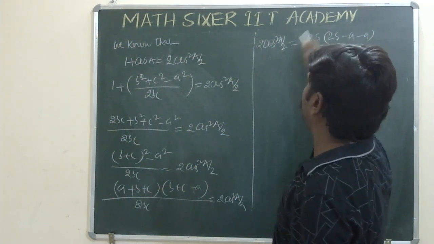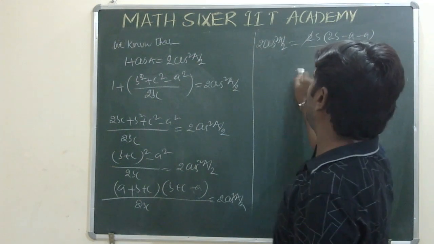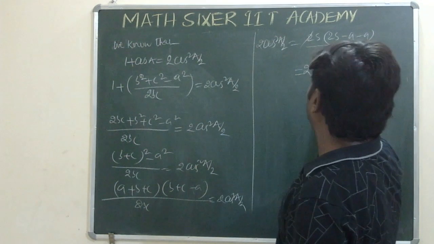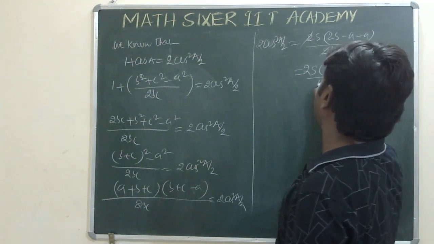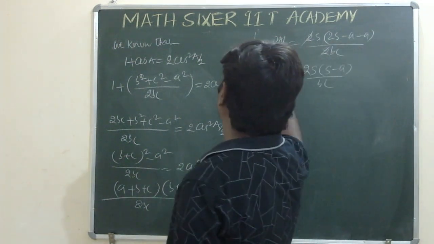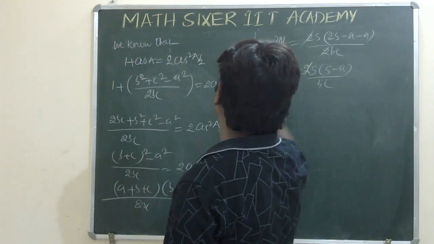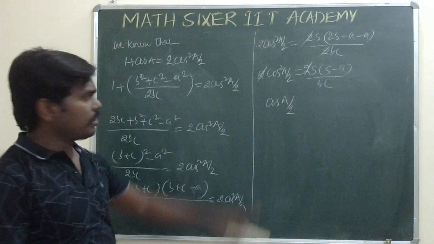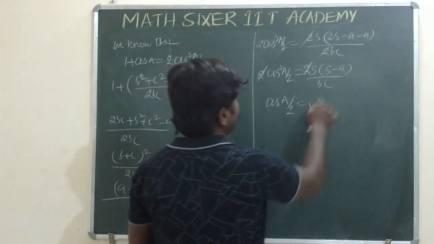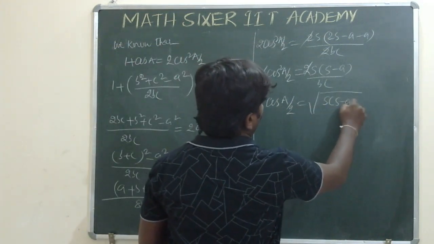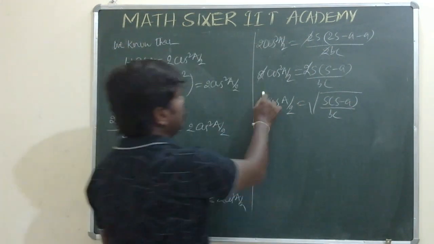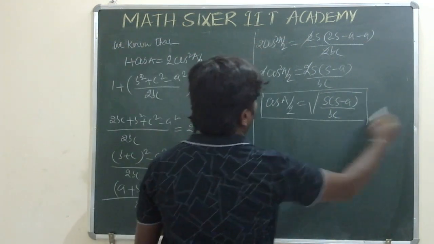So here 2 and this 2 will cancel and we will get s into 2s minus 2a. So again we can take 2 common, then we will get s minus a divided by bc. This is the value of 2 cos square a by 2. This 2 and this 2 will get cancelled and we will get cos a by 2 value is equal to square root of s into s minus a over bc. This is the cos a by 2 value.